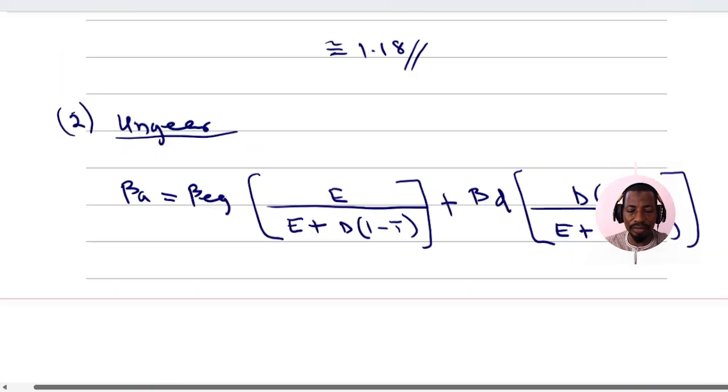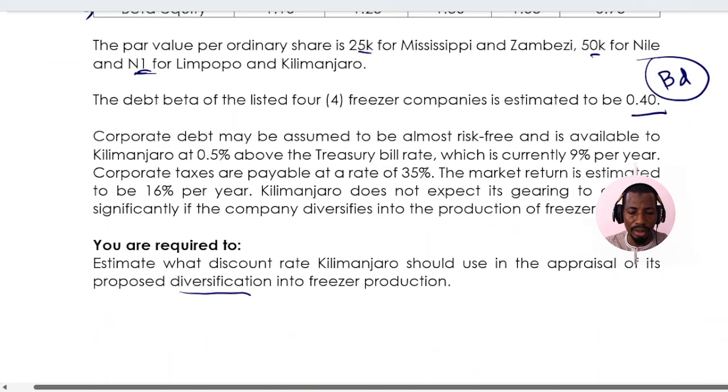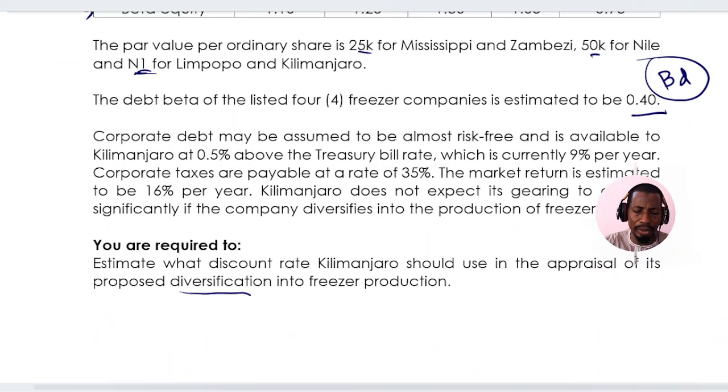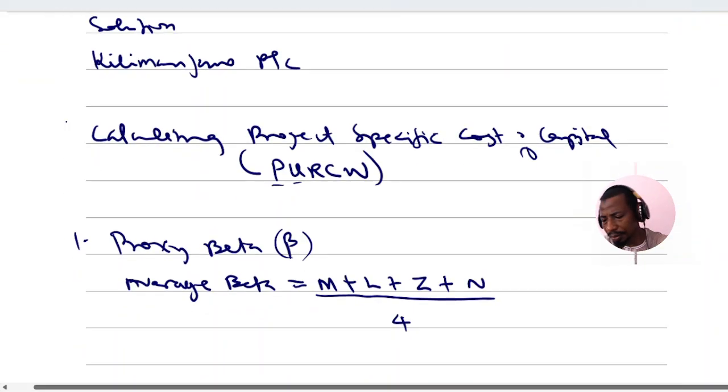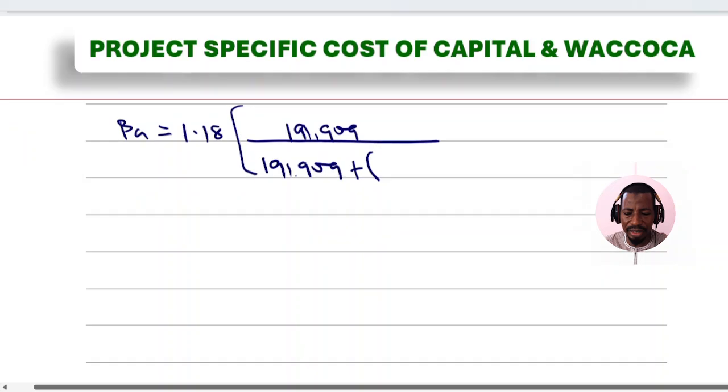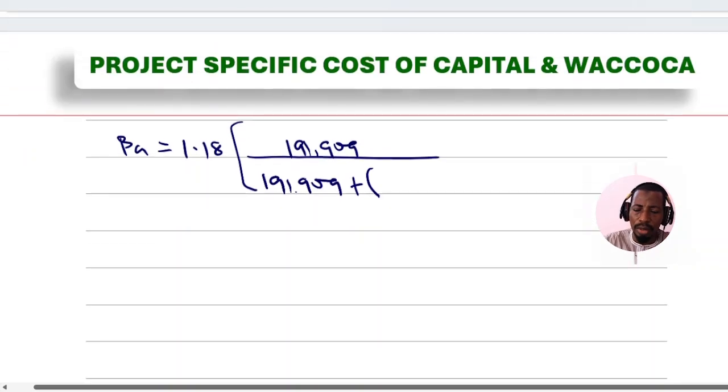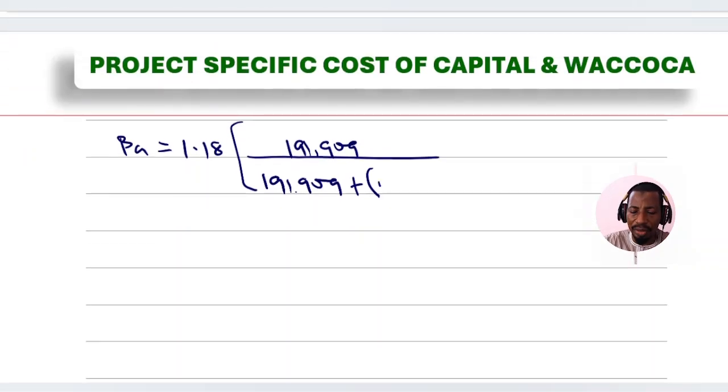We are told that corporate taxes are payable at the rate of 35%. This 35% is not segregated between the proxy company and the main company, so it is assumed that the two companies have the same tax rate of 35%. So 1 minus 0.35 will give us 0.65.